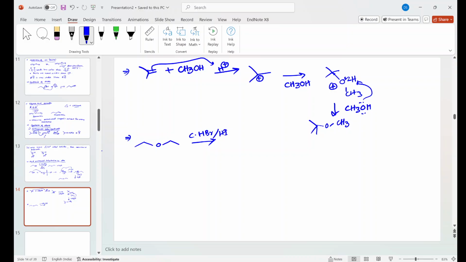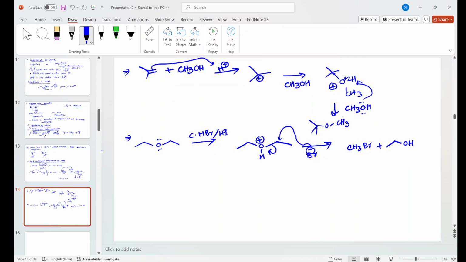First, this oxygen will take up the proton so that you can form this positive charge species, and then whatever Br minus in this case, it will go and form these two compounds, CH3Br plus the alcohol.